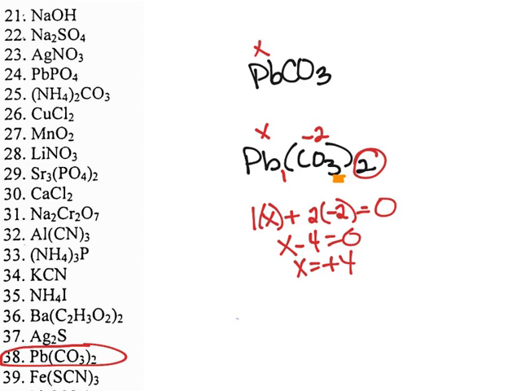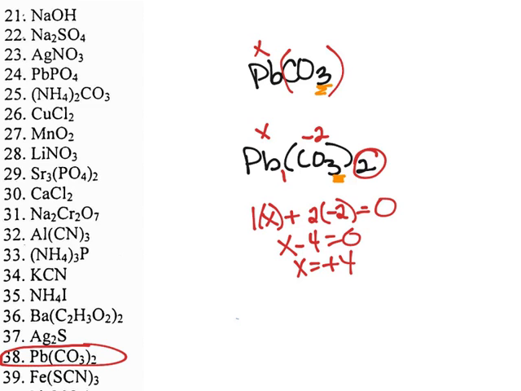Okay, so Pb's X. CO3 is a polyatomic ion, and notice that there are no parentheses around it. For now, I am just going to add parentheses. And why am I doing that? Because I do not want to use that 3. I don't want to accidentally multiply by that. That is part of the formula that has the charge. It is not a subscript that indicates how many ions I have.